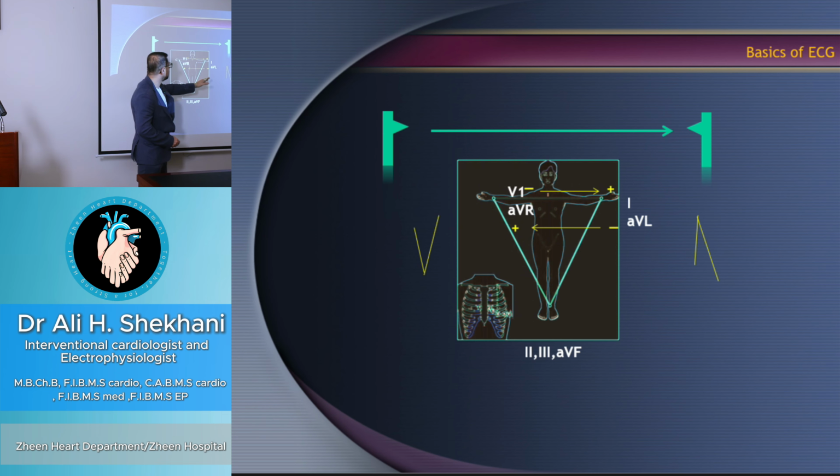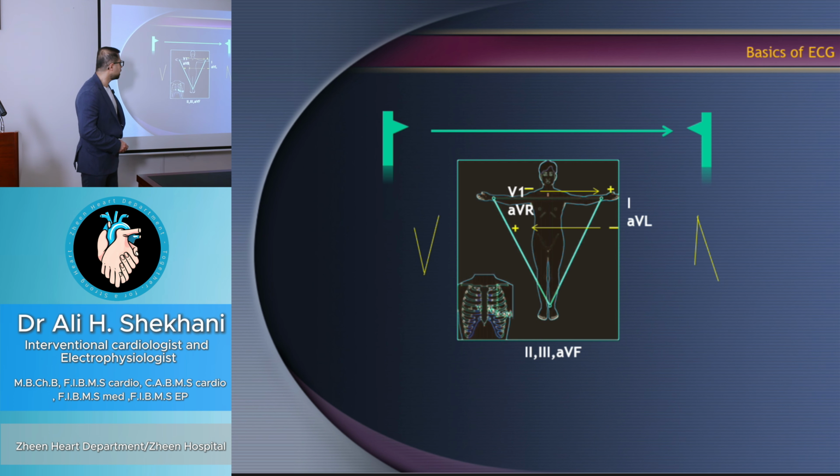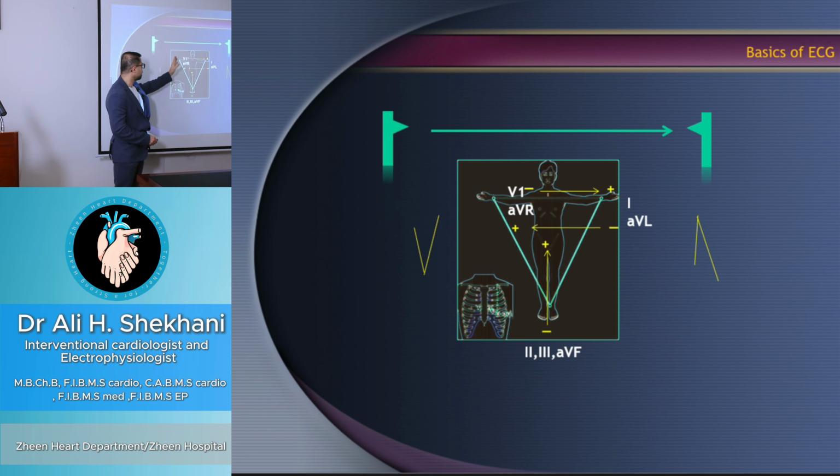In contrast, if it is from left to right, aVR and V1 become positive and aVL becomes negative. And any signal from the inferior wall toward upwards, the inferior leads become negative.